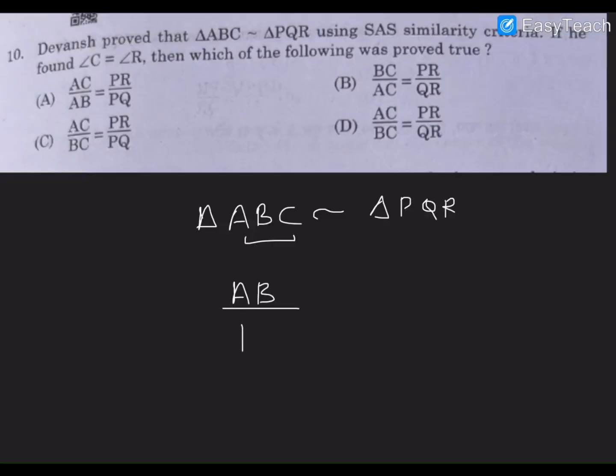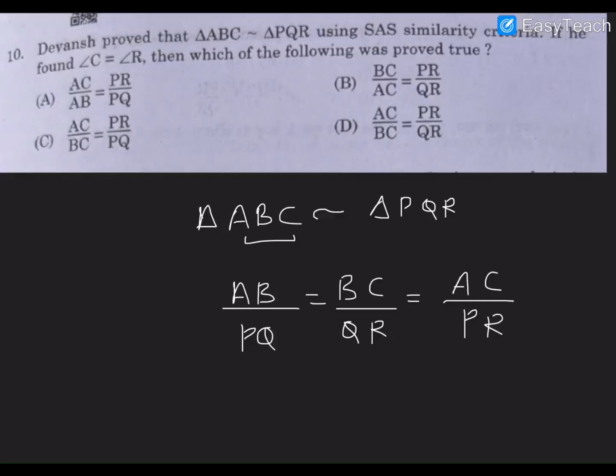So the next question, Devansh proved triangle ABC is similar to triangle PQR. Then which of the following has to be true? So you can see AB by PQ equal to BC by QR equal to AC by PR.